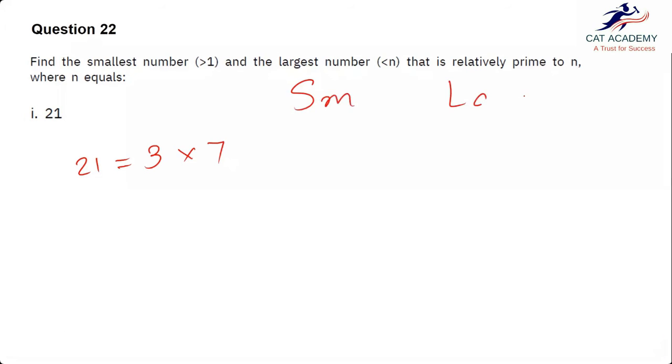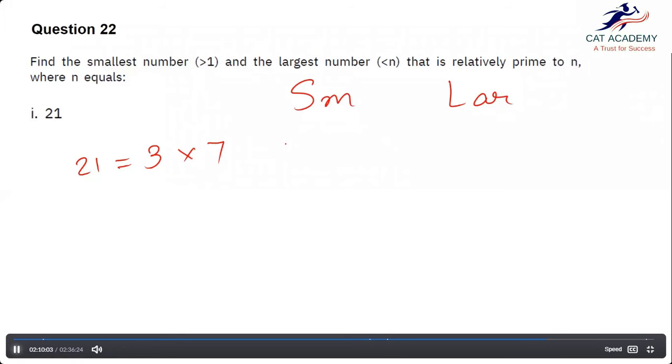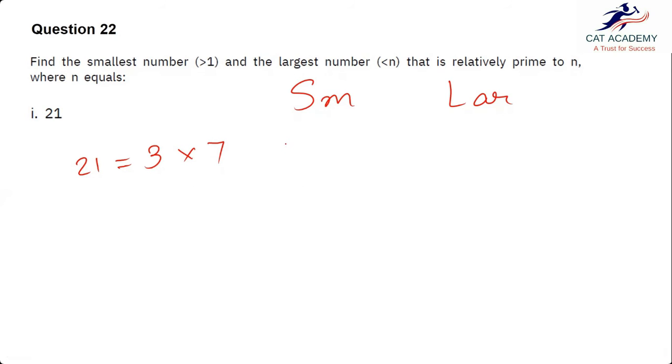In that smallest number, I cannot have a 3 or a 7 as a factor because that is already there in 21. So if I cannot have 3 or 7 as a factor, which is the smallest possible number I can have?